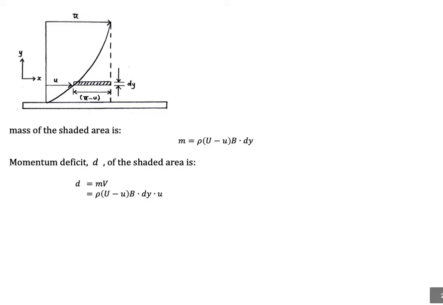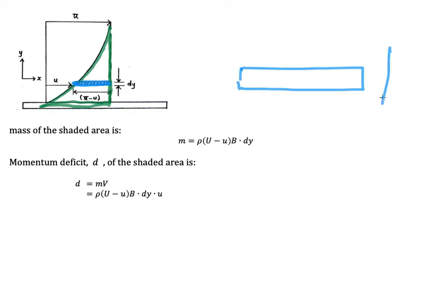And then first we calculate the deficit momentum. The deficit momentum occurs at this region. Because this region, this area, is not symmetric and also not a simple shape, we start to calculate the deficit momentum from one piece, a small area of this. Because it is too small, we could assume that this area is rectangular.